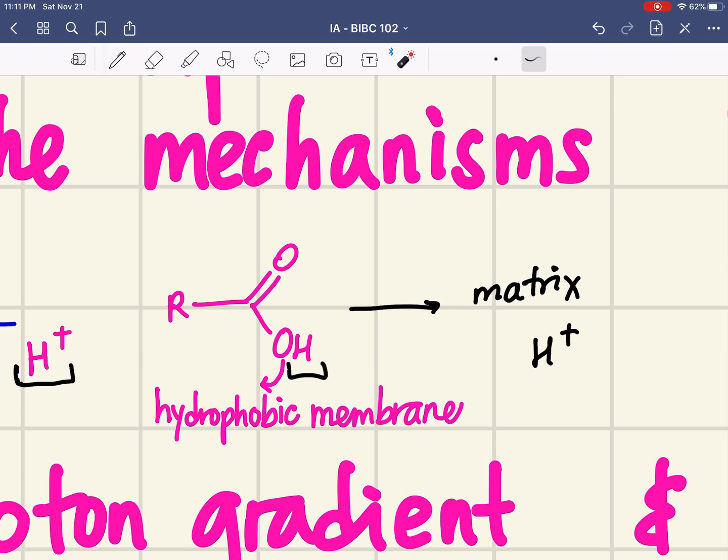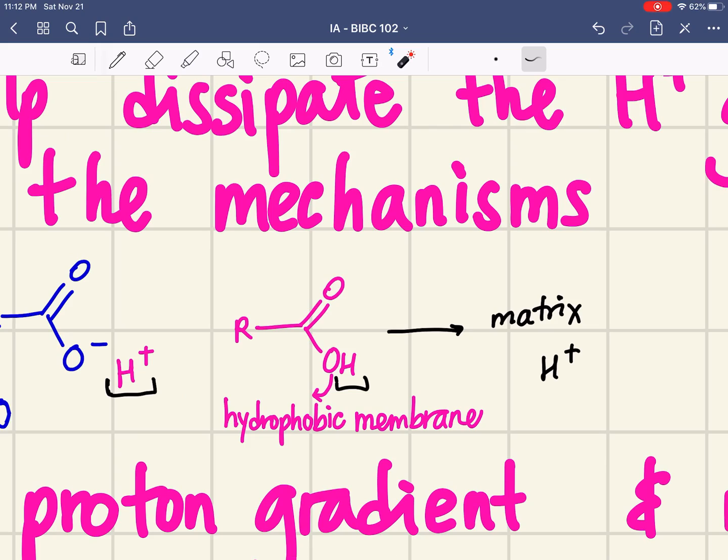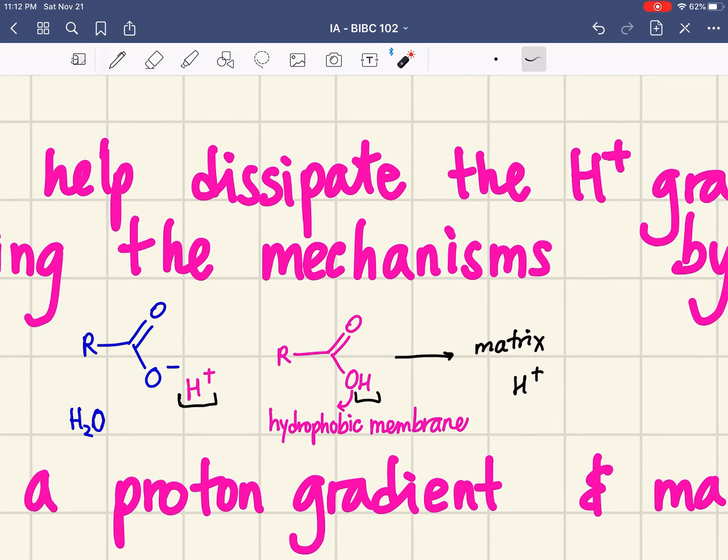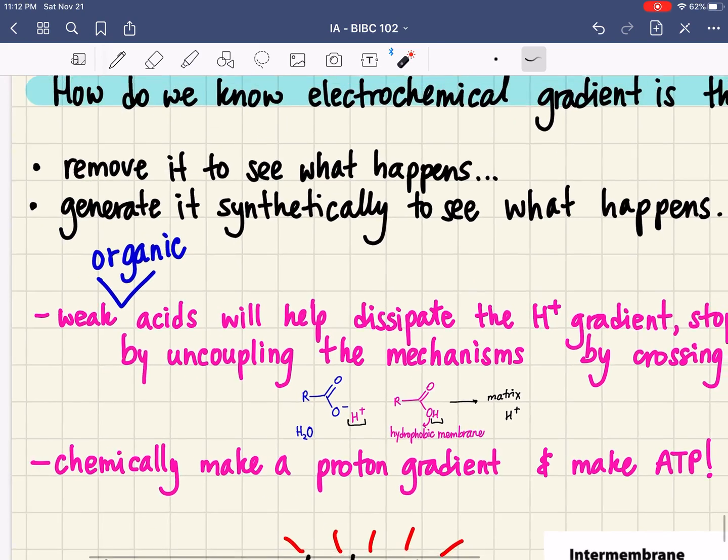And every proton that doesn't go through ATP synthase is less energy that ATP synthase could use to form ATP. So that's how weak organic acids mess up the gradient.